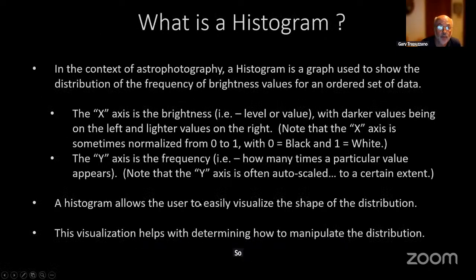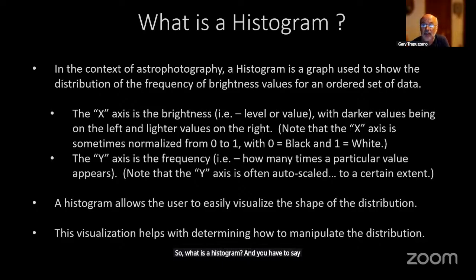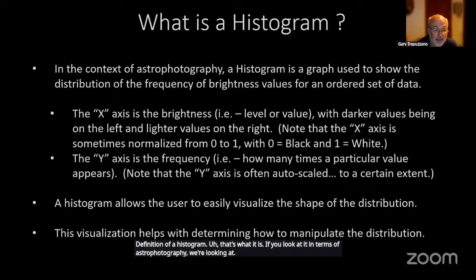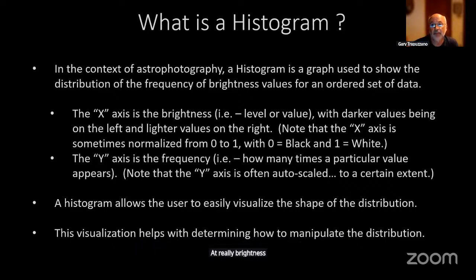So what is a histogram? And you have to say in a particular context, because in general, a histogram is a graph used to show a frequency distribution of a continuous set of data. If you looked at just the general definition of a histogram, that's what it is. If you look at it in terms of astrophotography, we're looking at really brightness levels.